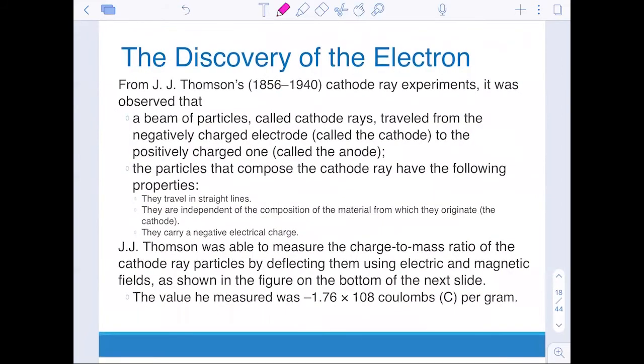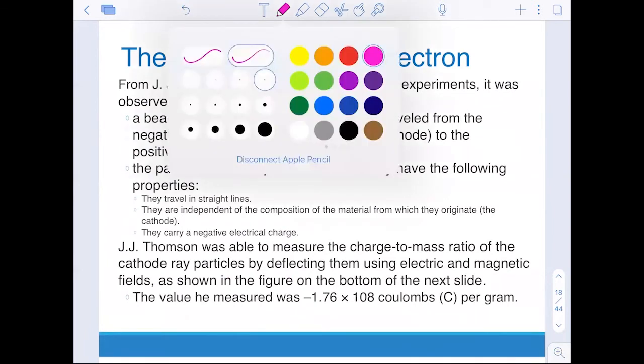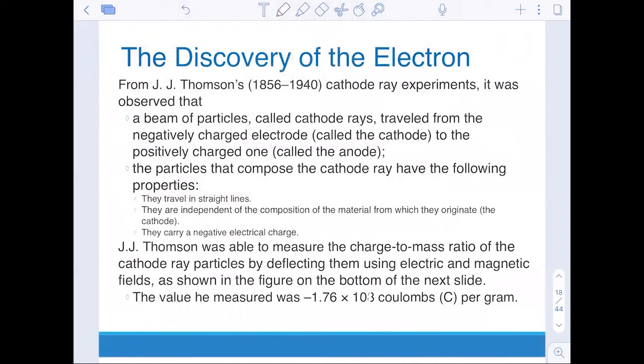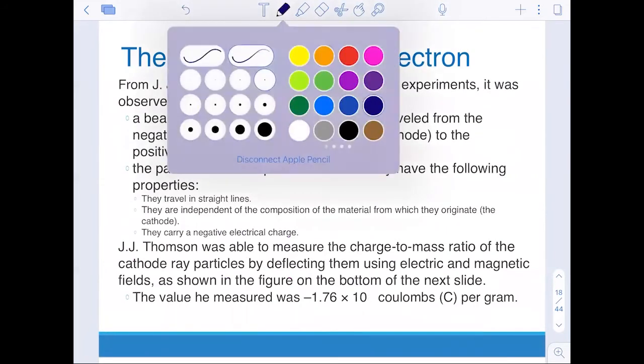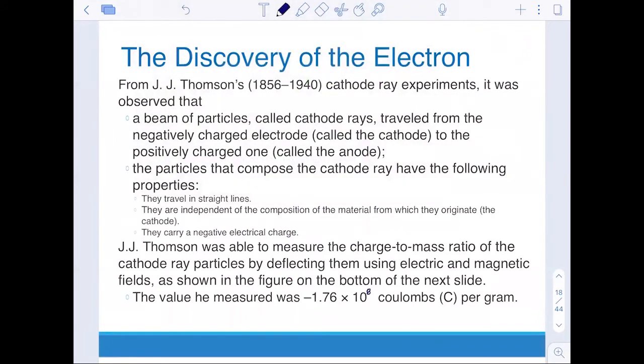Now, the discovery of the electron was J.J. Thomson, late 1800s. So we've moved quite a far distance away from when we were just looking at the laws and the development of the laws.